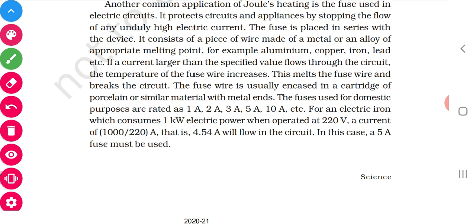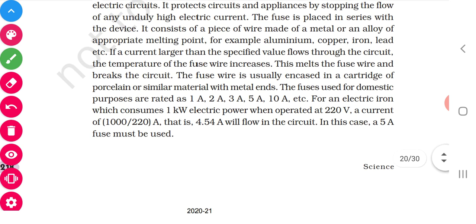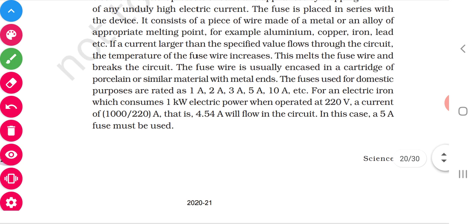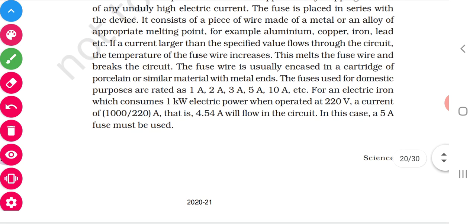The temperature increases and the wire melts and it fuses, and it prevents fire hazards also. Fuses are always rated for different current values such as 1 ampere, 2 ampere, 5 ampere, 10 ampere and 15 ampere. It depends upon the domestic purpose and the amount which we are using.